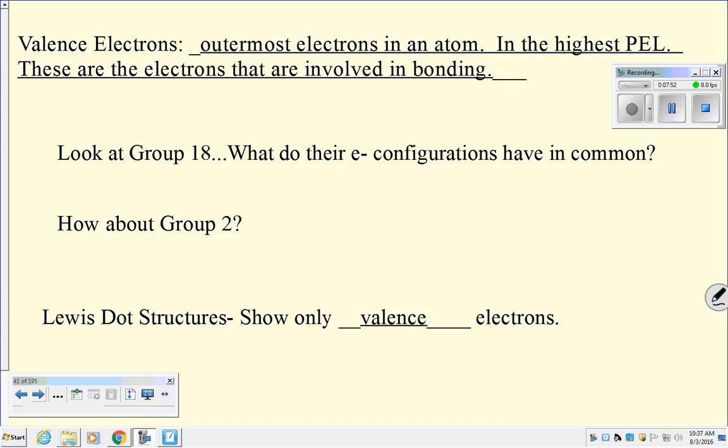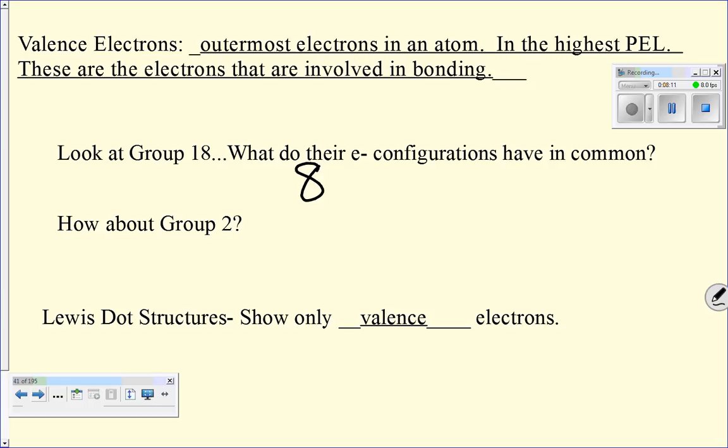If you look at group 18, you're going to notice something about all of their electron configurations, well, except for just one. You're going to notice that they all, with the exception of helium, actually end in 8. Helium's just too small, so it's okay for it to end in 2. 8's a pretty cool number in chemistry.